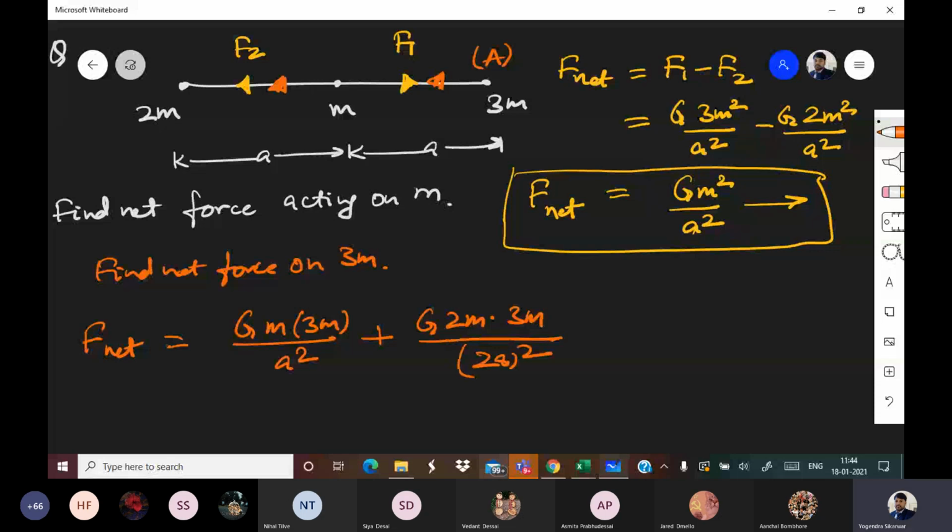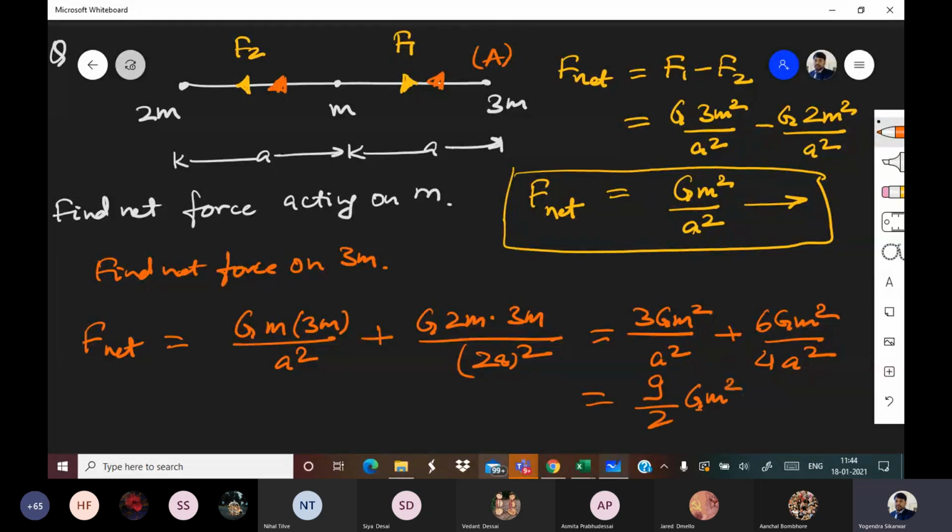And that will be 3gm square upon a square plus 3 into 2 is 6 gm square upon 4a square. So 3 plus 3 by 2 will be 9 by 2 gm square upon a square. That is the answer. Very nice, Mayank, very nice.